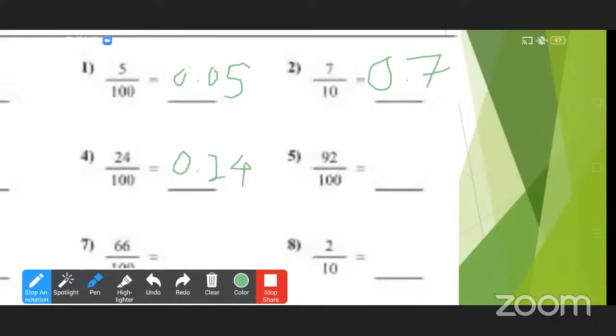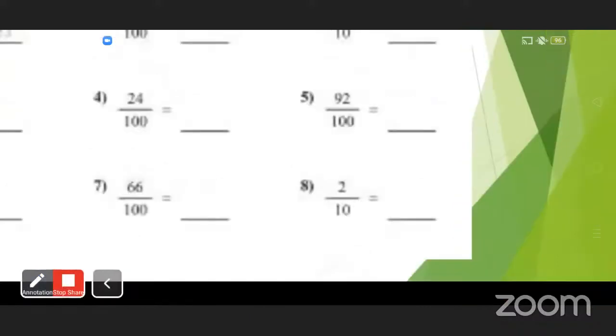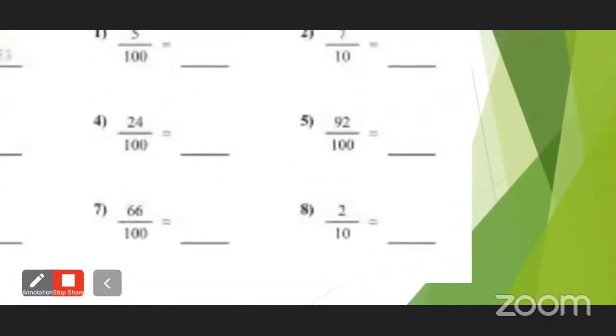So always read it clearly. And the fifth one is 92 upon 100. Okay, and its decimal form is 0.92. Good.